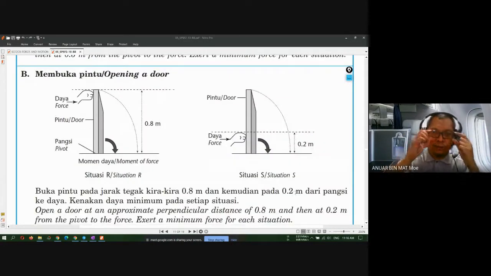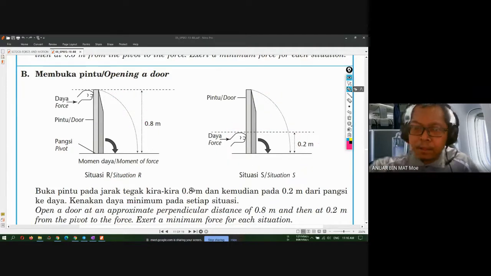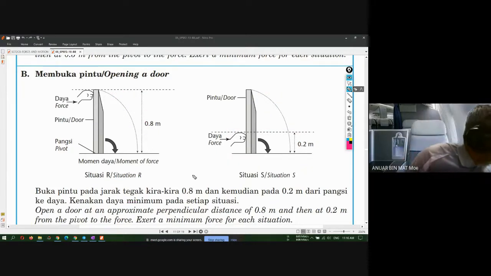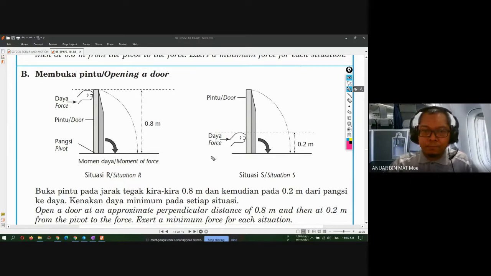Opening the door also, opening the door. All right, you can see the perpendicular distance from the effort or from the force to the fulcrum here. Okay, one is 0.8, one is 0.2. Okay, right.